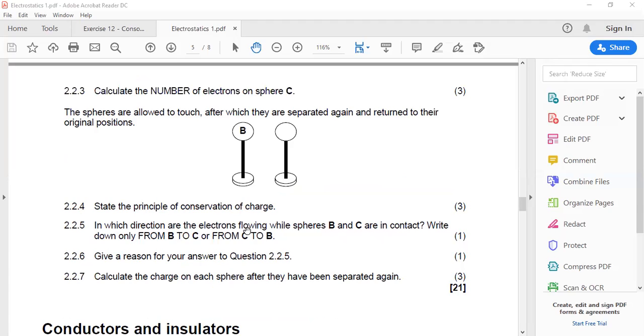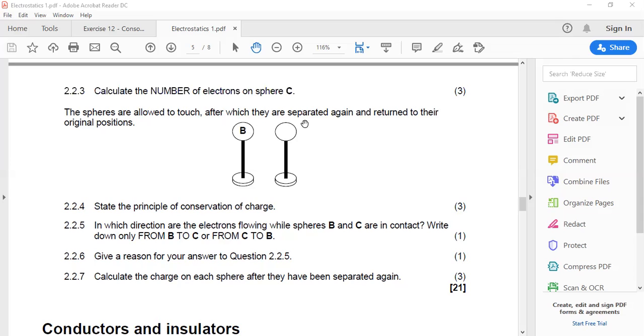In which direction are the electrons flowing while B and C are in contact, from B to C or from C to B? C is the one that was negatively charged, and this one was positive. The one that is more negative is the one that will give electrons to the one that is more positive.